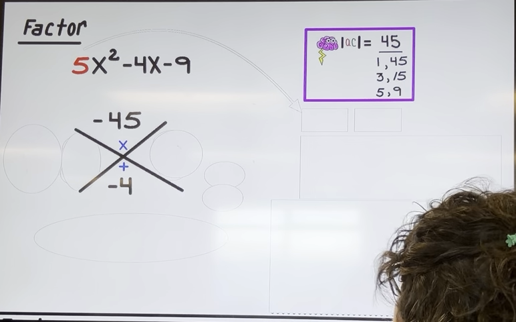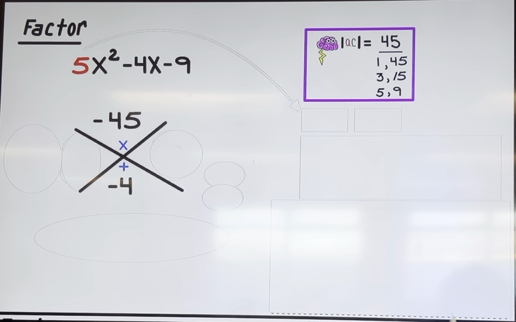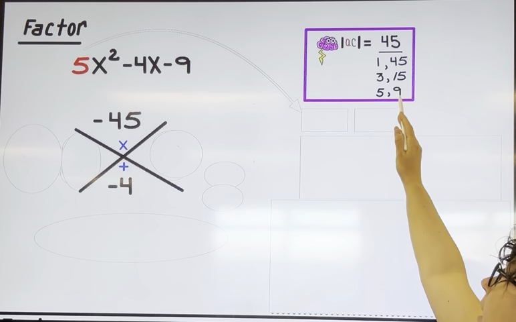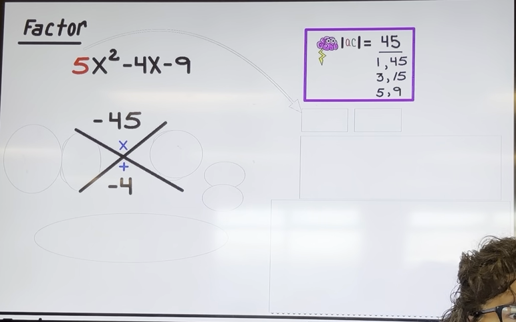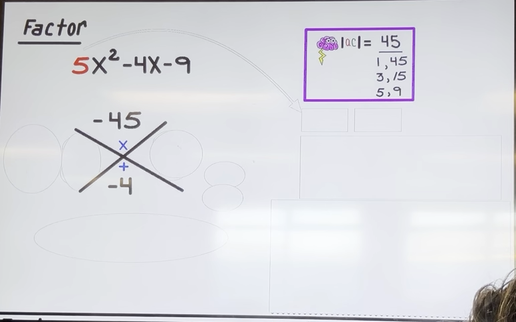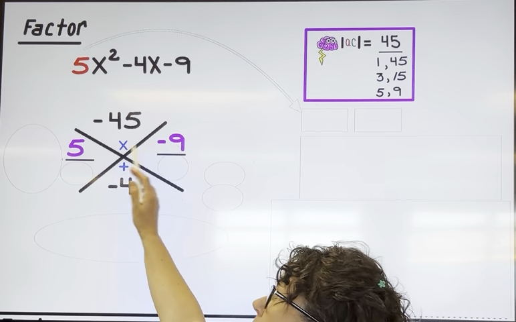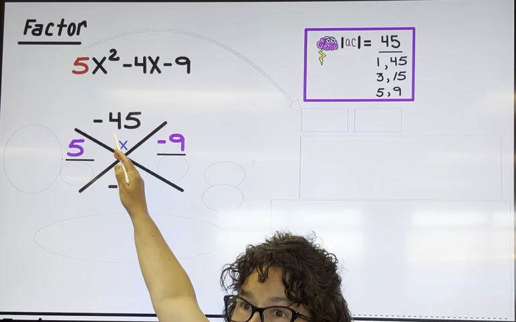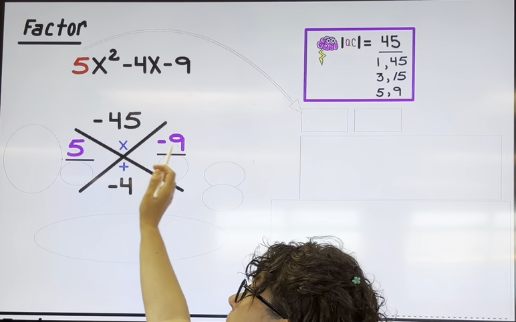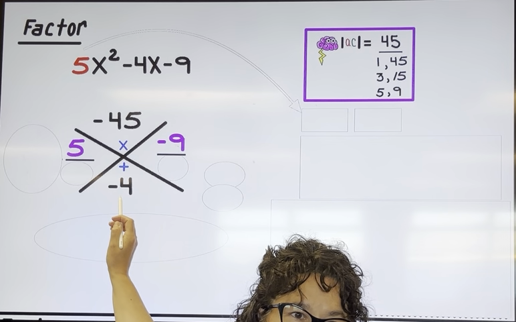So looking at these numbers, which pair is going to get me to 4? And that's going to be the 9 and 5. So I'm going to jot 9 and 5 over here. And then I have to decide which one's negative, but one more time, the bigger one is negative, so let's just verify. 5 times -9 is -45. 5 plus -9 is -4.